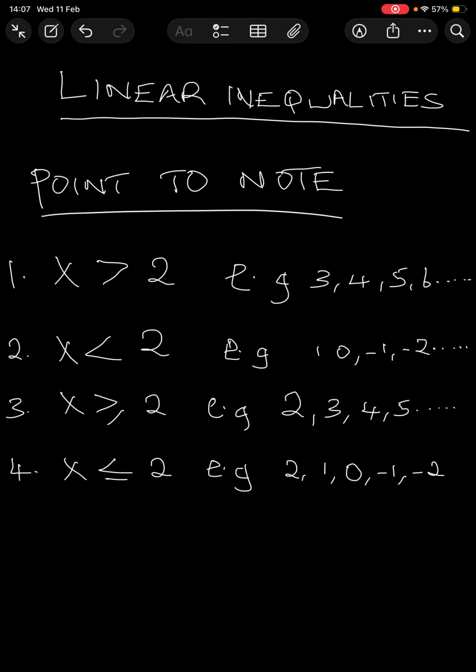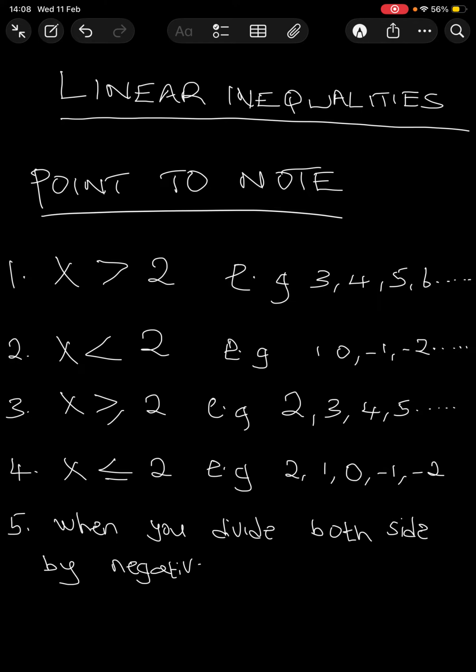Point number 5. Our last point to note, point number 5. When you divide both sides by a negative number, the inequality sign changes direction.